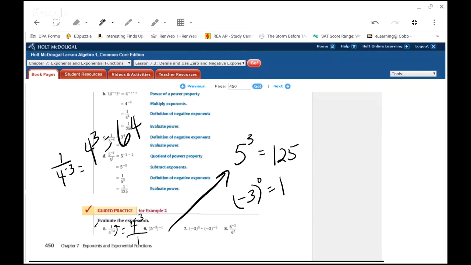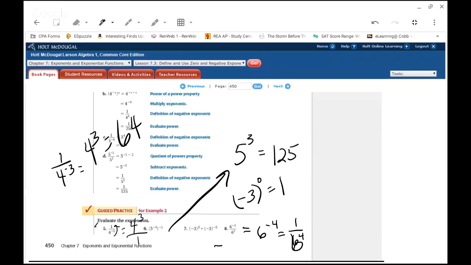Thanks. All right. On number 8, we're going back to the quotient property. So take this one step at a time. With the quotient property, with the same bases, what do we do? You subtract. So isn't it 6 to the negative 4th? Good job, Grayson. It is 6 to the negative 4th, which then drives it to the denominator, right?